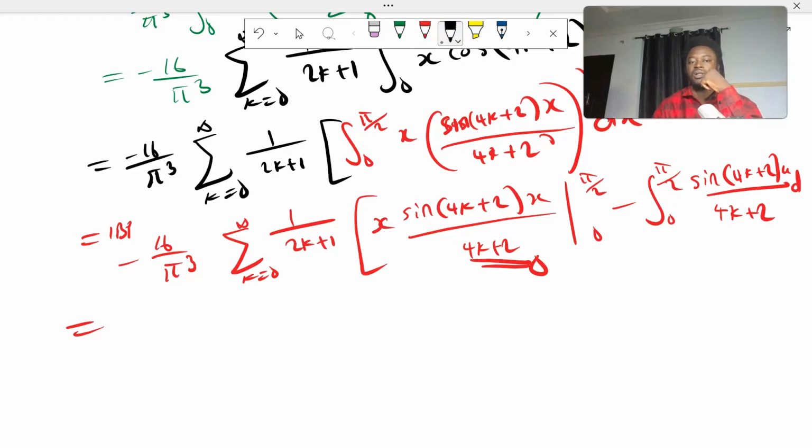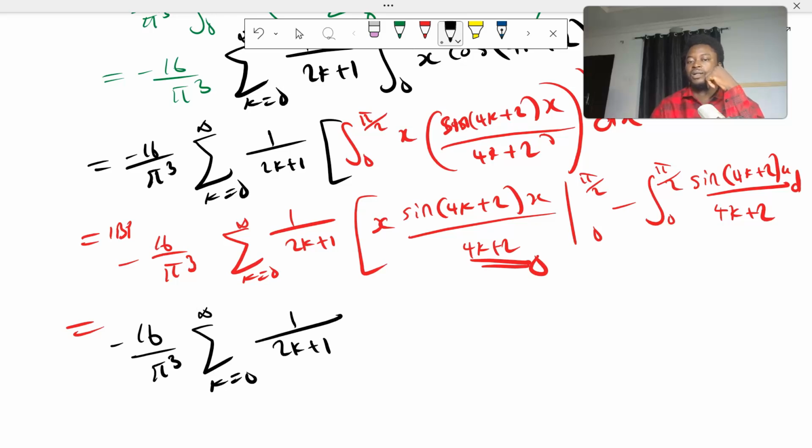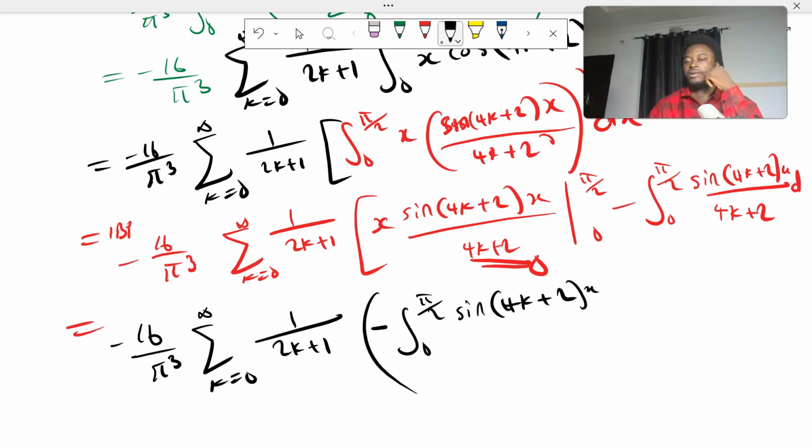So this would be equal to negative 16 over pi to the third power times the sum as k runs from 0 to infinity of 1 over 2k plus 1 times, negative, the integral from 0 to pi over 2 of sine of (4k plus 2)x all divided by 2 times 2k plus 1 dx.